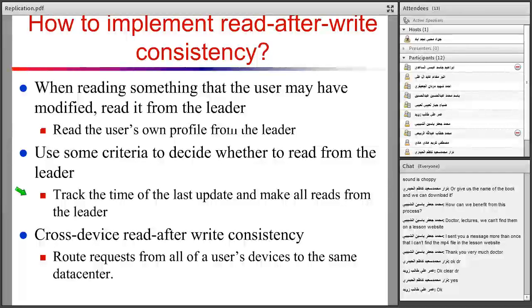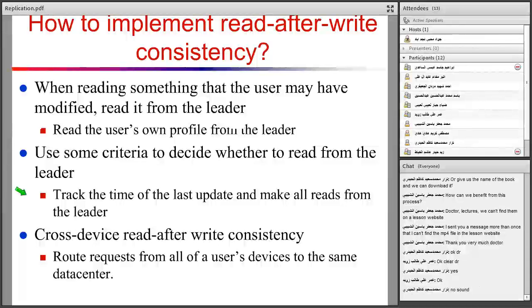If the last update is before the time that the client submits the write query, in this case the read query should be sent to the leader, not to the follower.